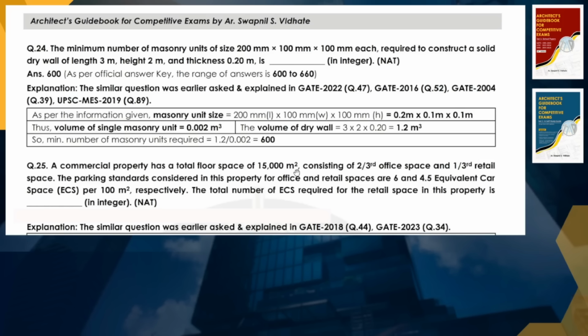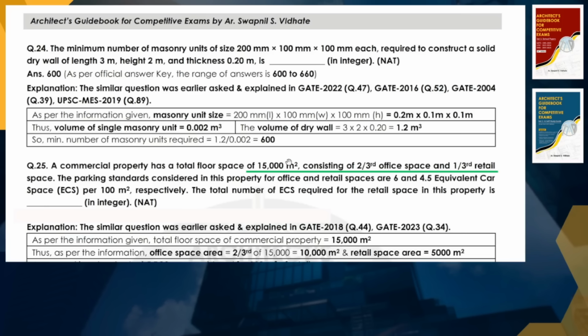Instead of 15,000 meter square, the number was a different one, and the remaining data was more or less similar. If you can, pause the video and try solving this question on your own. I think it will be easy to solve.